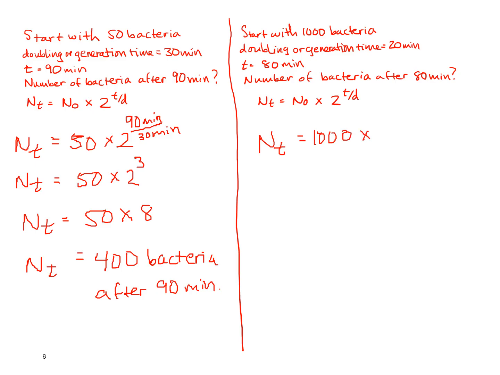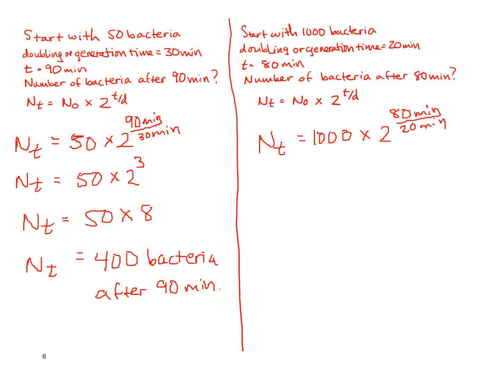And then we're going to multiply by 2 because our population is doubling in size every generation. And then t is just the amount of time that's passed. So that's 80 minutes. And then the d is the doubling or generation time, so that's 20 minutes.